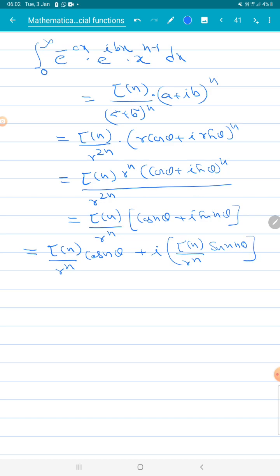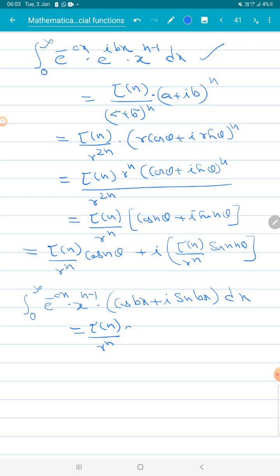So in the above integration, the integration from 0 to infinity of e power minus ax into x to the power of n minus 1 into (cos bx plus i sin bx) dx is equal to gamma of n by r to the power of n cos n theta plus i into gamma of n by r to the power of n into sin n theta.